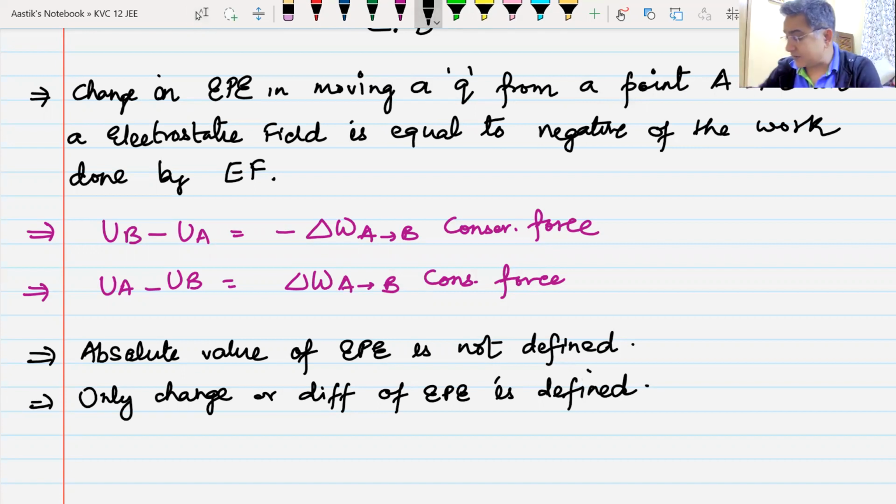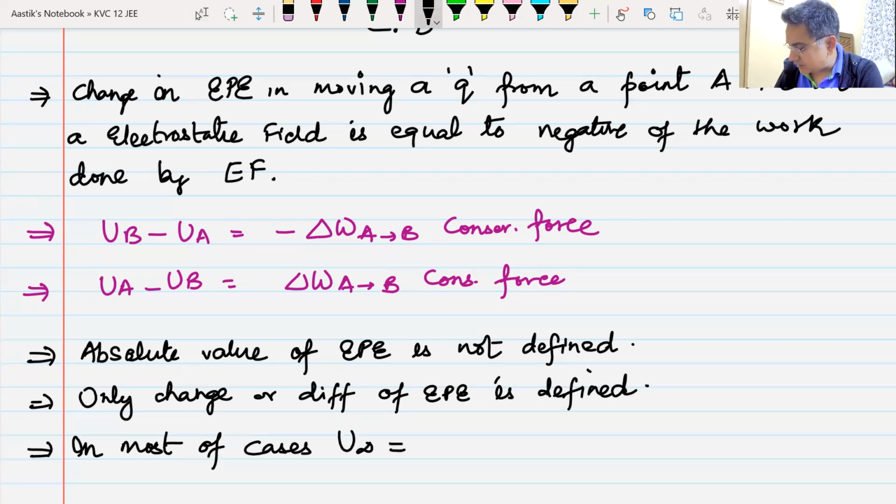For all practical purposes, in most of the cases, energy at infinity is taken as 0. And if you take that energy as 0, then you can define the potential energy of any point in space. But in some cases, even that point cannot be taken as 0. We will see those cases, and we will see how you will find out the potential energy in the next class.